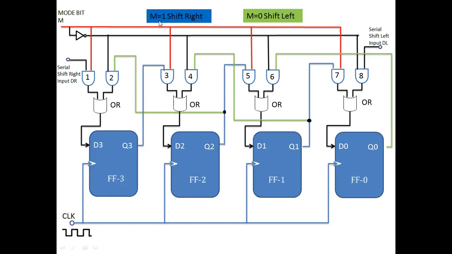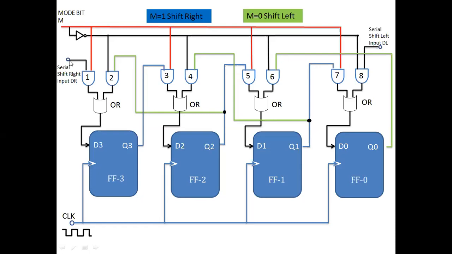When M is 1, that means the control line is 1, so AND gates 1, 3, 5, 7 are enabled, and as M is 1, its complement will be 0, so AND gates 2, 4, 6 and 8 are disabled.